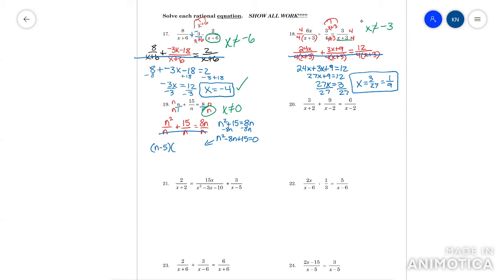If you factor this, you get n minus 5, n minus 3 equal to 0. The reason you want to factor it is because once it's factored, you can just set each factor equal to 0 and solve. N is 5. And then n minus 3 equals 0, add 3, n equals 3.